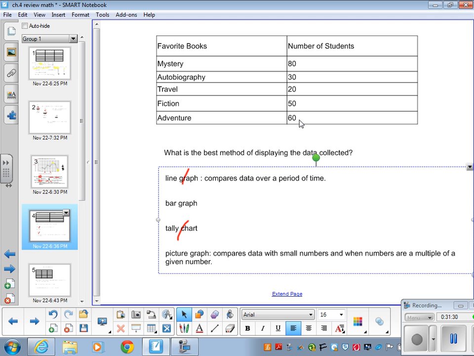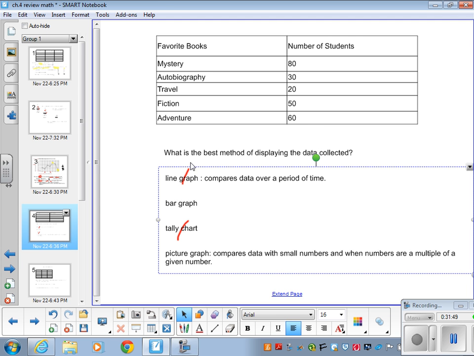Times 10 is a factor. A factor and a factor makes a multiple. So 10 times 8 is 80, 10 times 3 is 30, 10 times 2 is 20, 10 times 5 is 50, and 10 times 6 is 60. So this one might work.